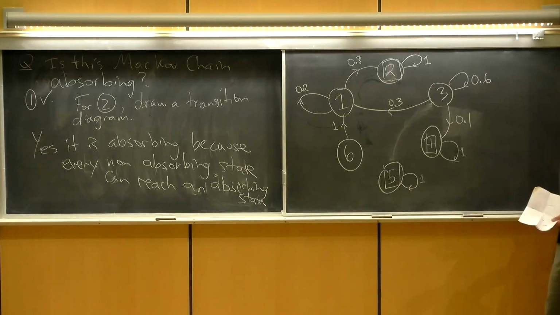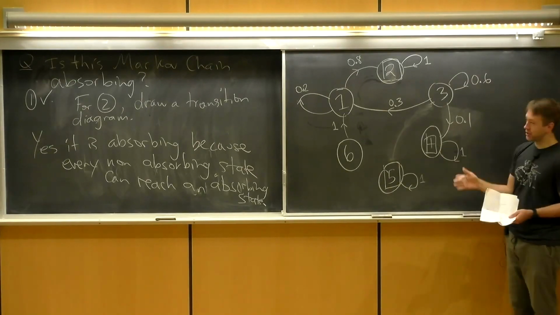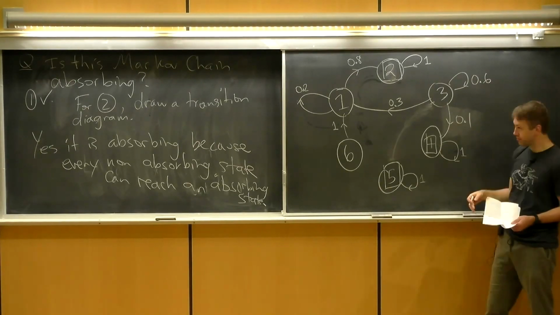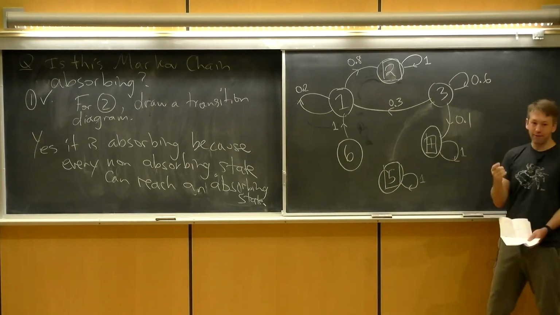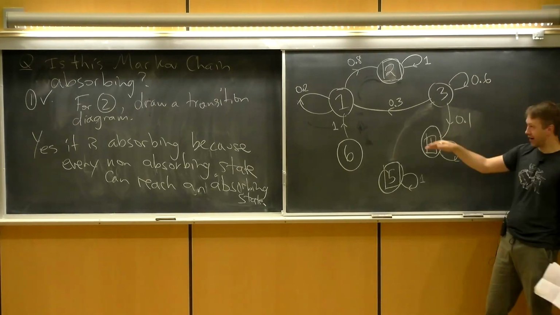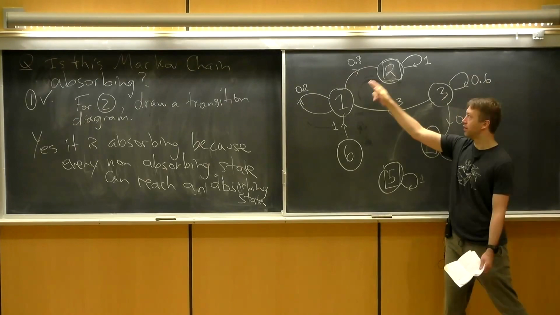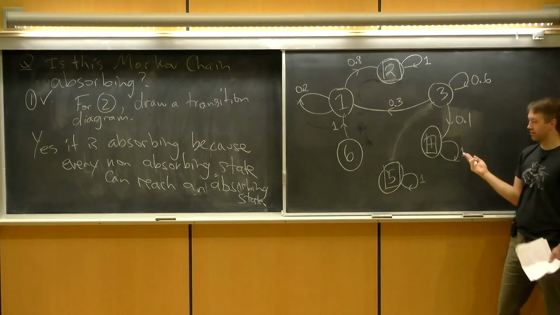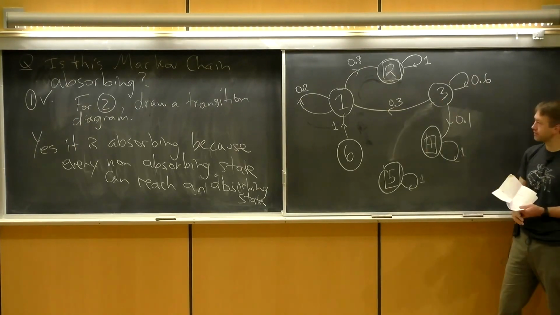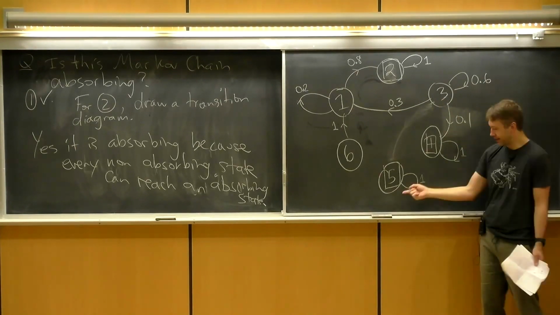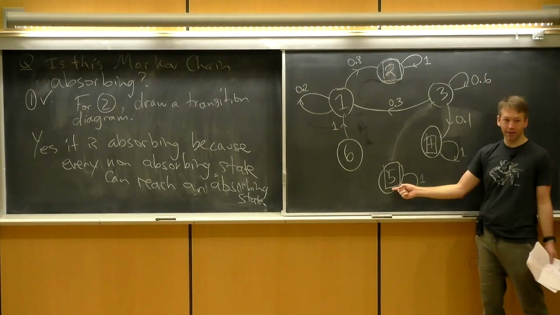Okay, so note that here we had to show that every non-absorbing state can get to an absorbing state. It doesn't have to be a unique absorbing state, because 3 can get to 2, and 3 can also get to 4. That's totally fine. And also, it doesn't matter that it's impossible to get to 5.